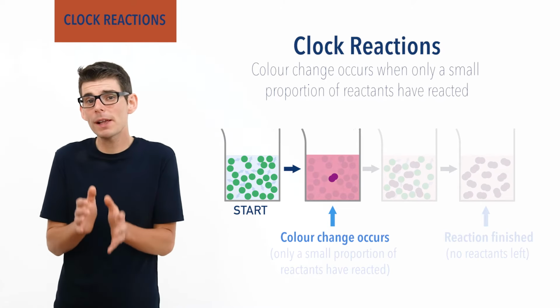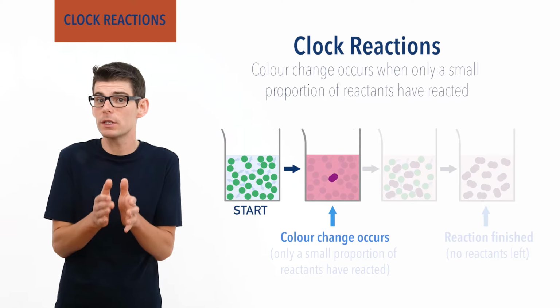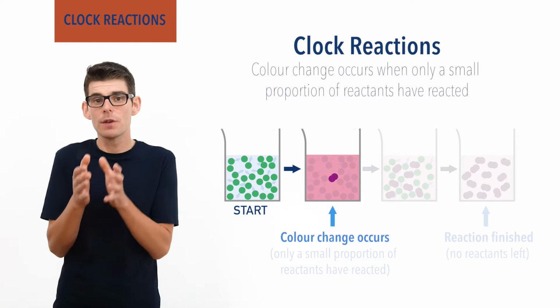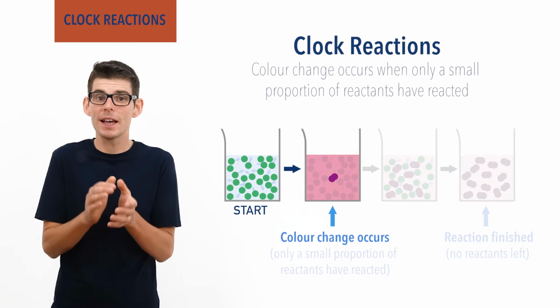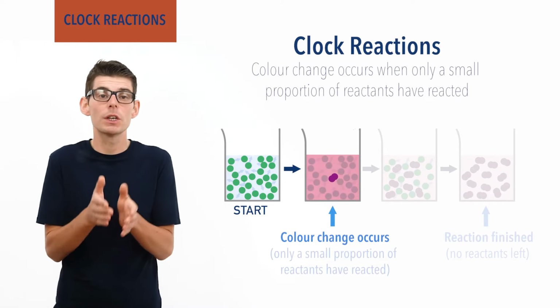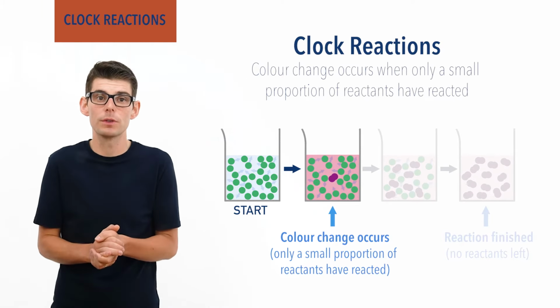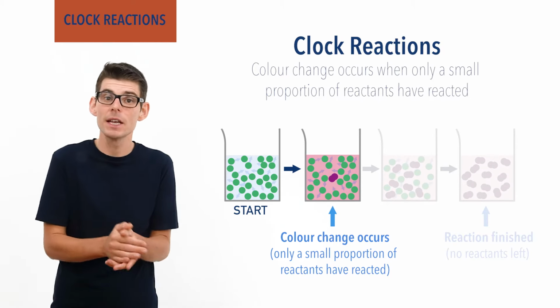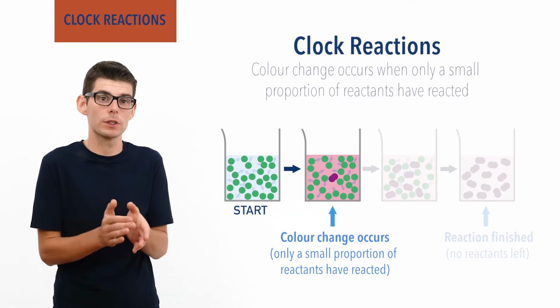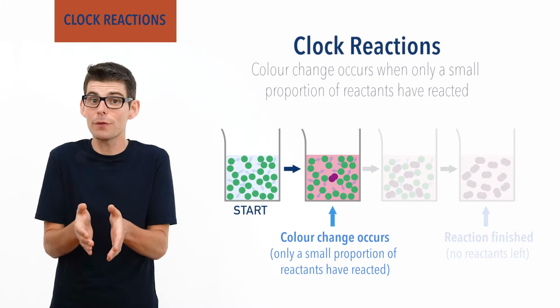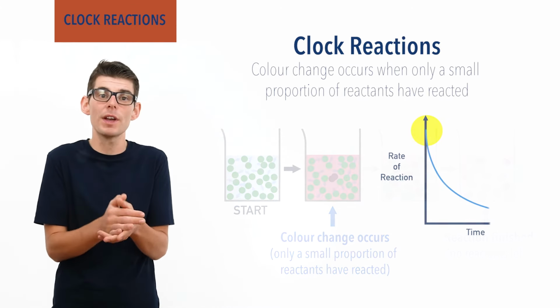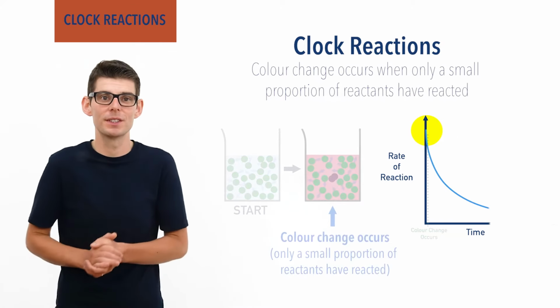If we want to measure only the initial rate of a reaction, it's key that when the colour change occurs, the concentration of reactants has changed only a tiny bit compared to their starting concentrations, as this means the rate is minimally affected by such a small change in reactant concentration, and therefore the reaction is still happening at pretty much its initial rate when the colour change occurs.